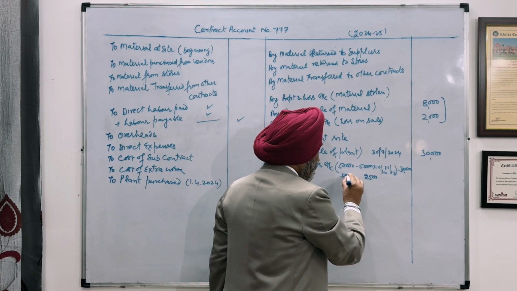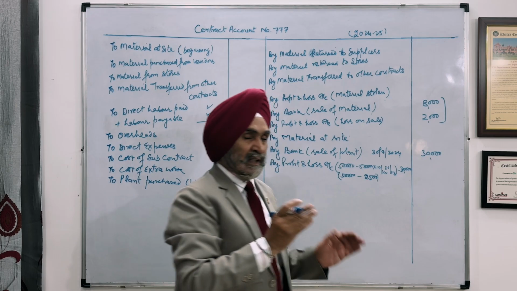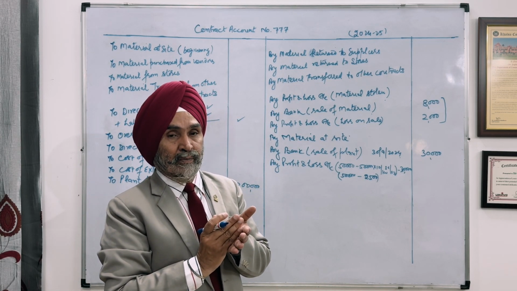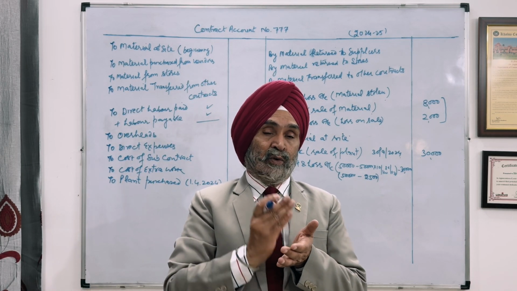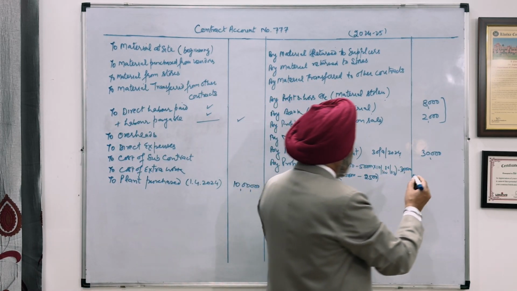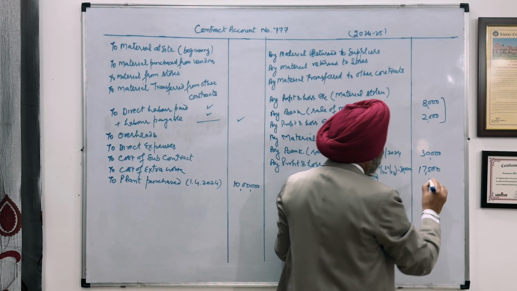So 50,000 minus 2,500, 47,500 is the written down value. So a plant with a written down value of 47,500 is sold for rupees 30,000. So that means there is a loss of 17,500.